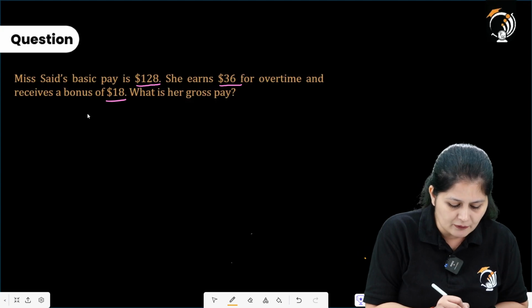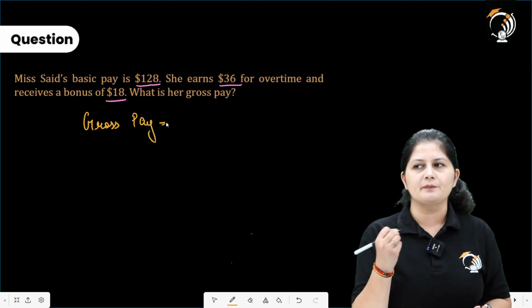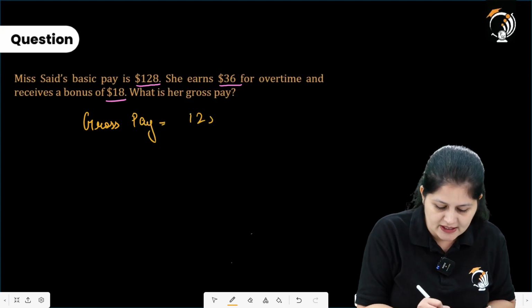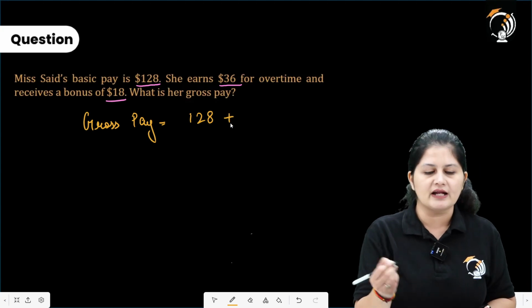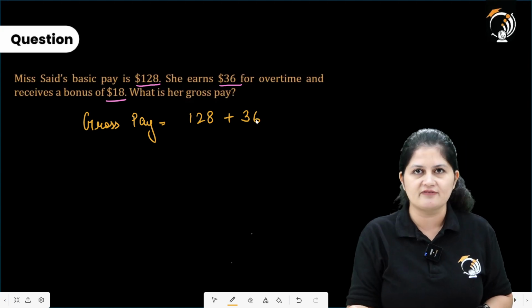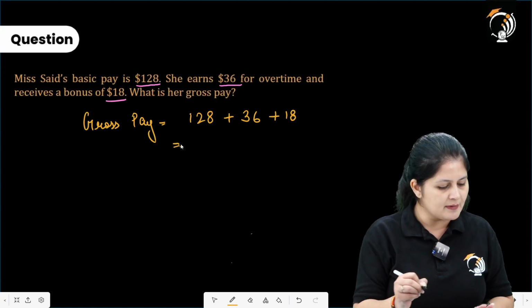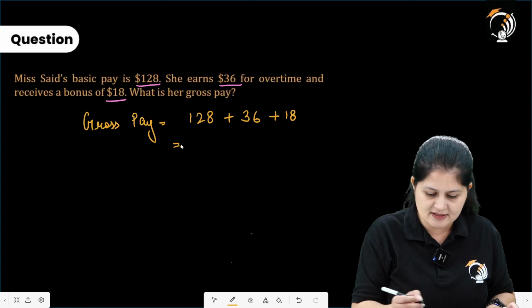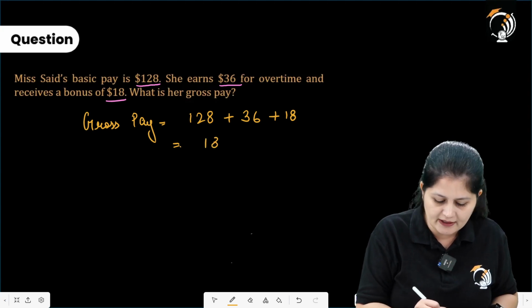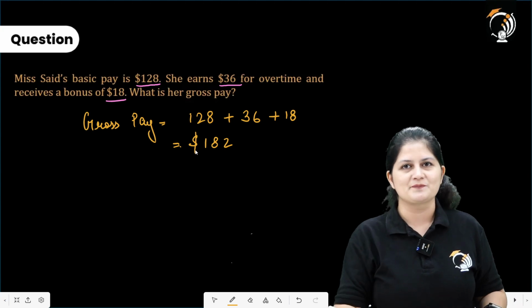So the gross pay will be equal to the basic pay, which is $128, plus the overtime that she is doing, which is $36, and the amount that she is receiving as bonus, which is $18. So what is going to be the answer? We are getting this as $182. That is going to be her gross pay.